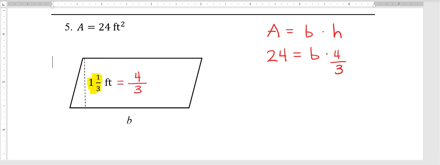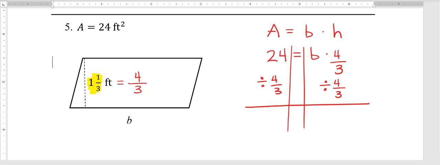Now I want to do my railroad tracks. To get B by itself, I need to divide both sides by 4/3. Okay, this is a great review.